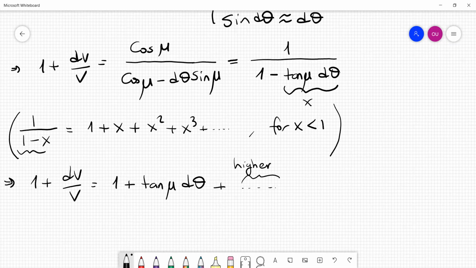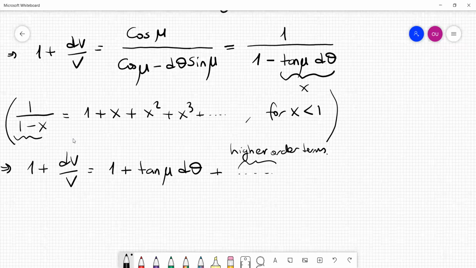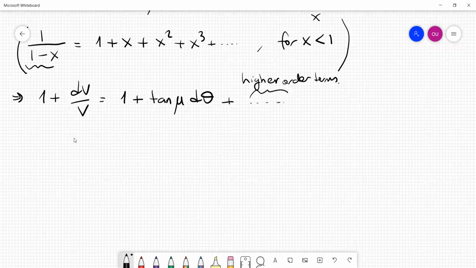They are squares, cubes, higher order terms, which could in fact be neglected practically, because magnitude wise they will be quite small when we take their squares and cubes.